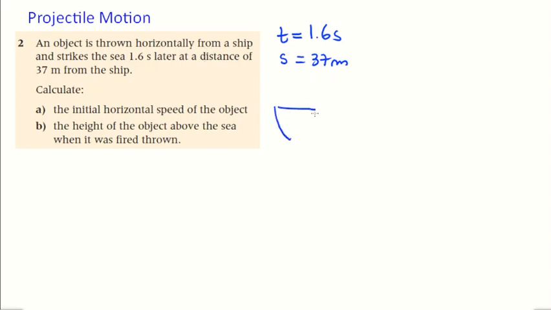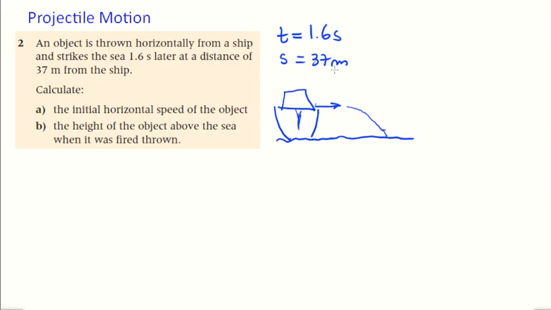So it's thrown horizontally and strikes the sea. Let's draw roughly a ship, right? I'm looking from the front, the ship's front is here. An object is thrown sideways, so horizontally, and then it's going to hit the sea later, and that's projectile motion.